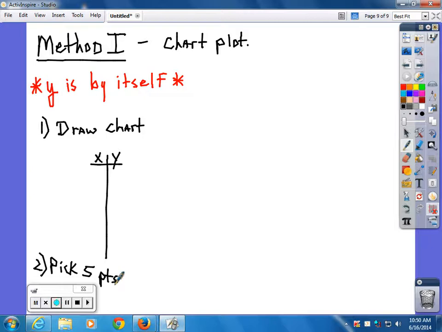Well, 90% of the time I pick -2, -1, 0, 1, and 2. Now, I want everybody to look at those 5 numbers and tell me why I picked those 5 numbers or why I wrote them like that. There's 3 or 4 reasons that I picked those 5 numbers, and there's 1 or 2 reasons that I wrote them like that.